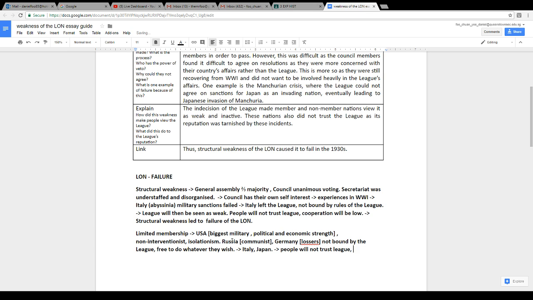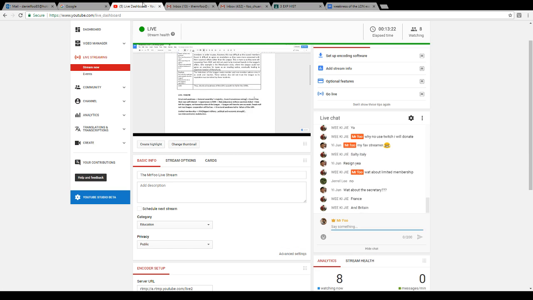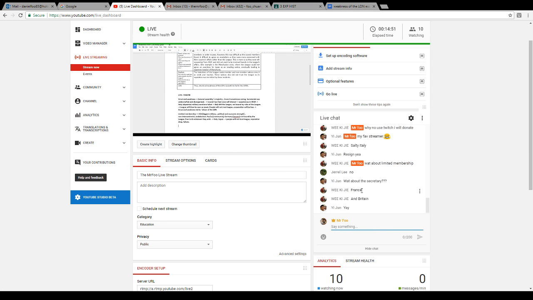The reputation drops, leading to future failures. So cause and effect, everything is cause and effect. Remember the examples of Italy or Japan, leading to people not trusting, reputation drop, and hence the League is seen as a failure. Yes, I think it's quite simple.